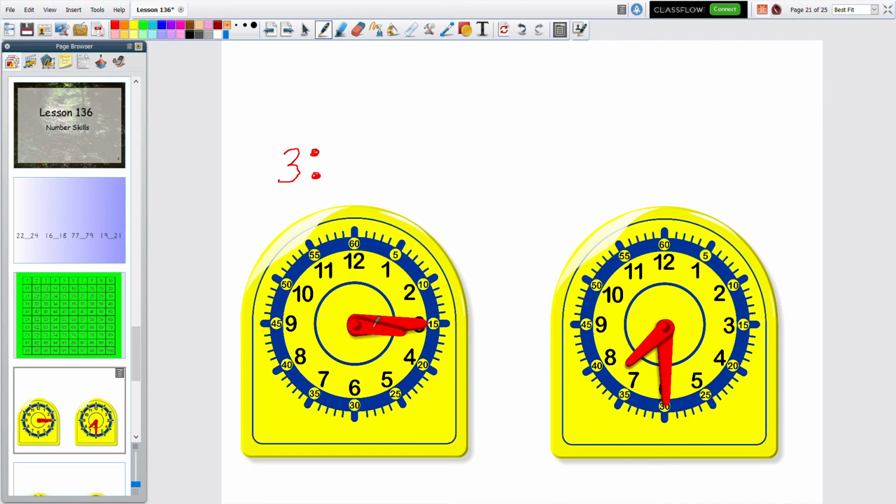Now we're going to look at the minute hand, which is the long one. This is pointing right at the 1-5. Do you know what the 1-5 is? That's right, it's a 15. 1-5. So this time is 3:15. Remember, when it's sideways, it's pointing at the 15. It's a 15. And this one is closest to the 3, and it isn't gone to the 4 yet.